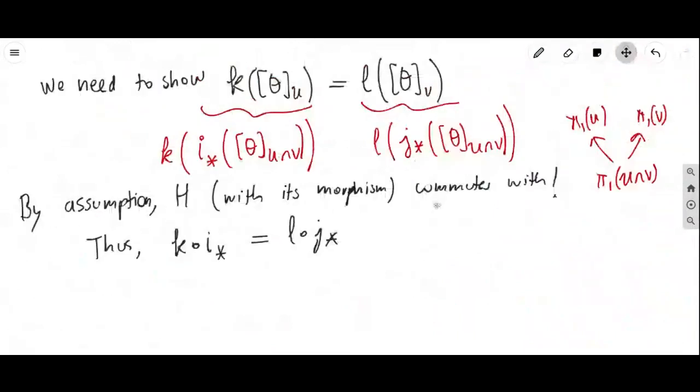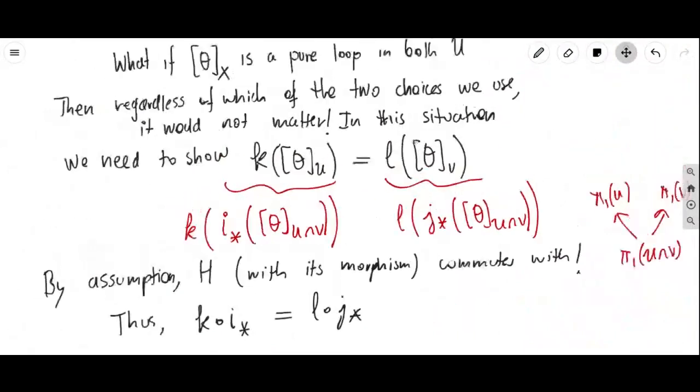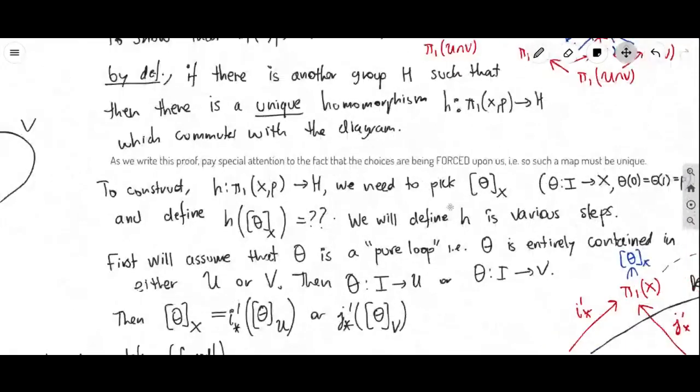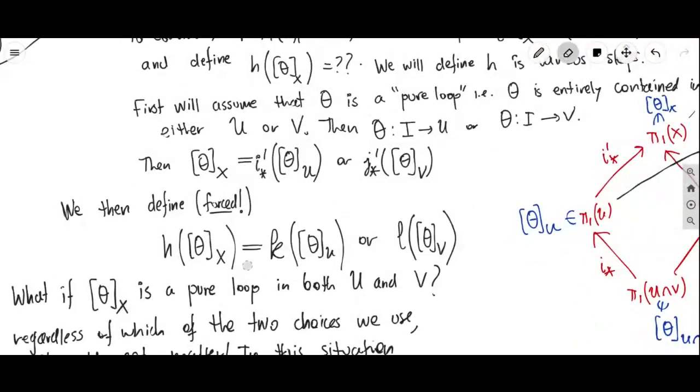So if it happens to be both, then it works. So we have explained how this homomorphism is being defined. And also, the reason why H is a homomorphism is because it's a composition of other homomorphisms, right?